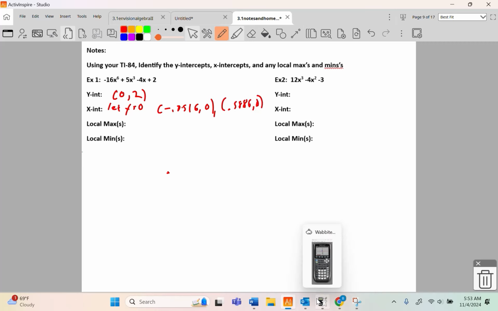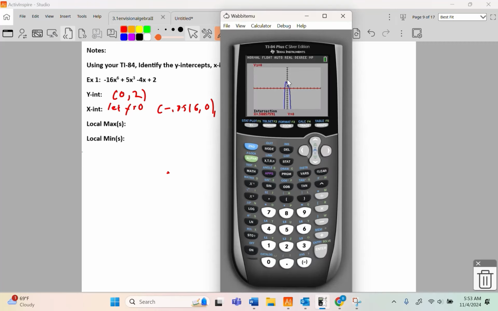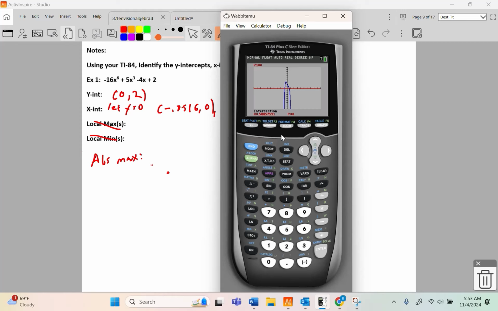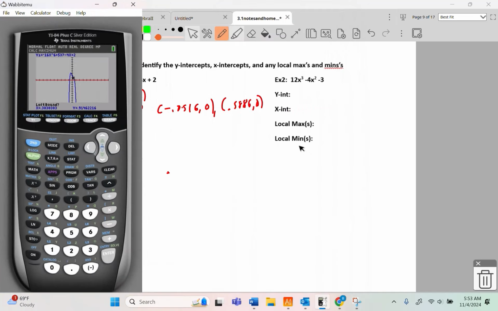Local maxes and mins. This thing only has one thing. It's right there. It actually has an absolute max. We can find it by going to second trace 4 for maximum. Notice it says maximum. I'm going to move my cursor to the left of the maximum because it's asking for a left boundary.